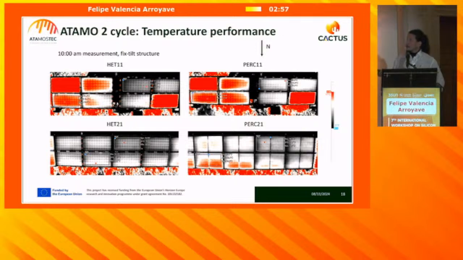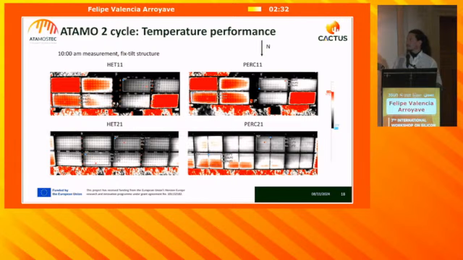In this sense, you can see that at 10 a.m., for instance, you have the heterojunction 21, which is almost all the same temperature in all the modules. However, in the previous heterojunction version, there are some differences within the module and within the string.